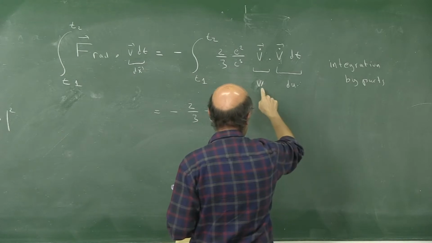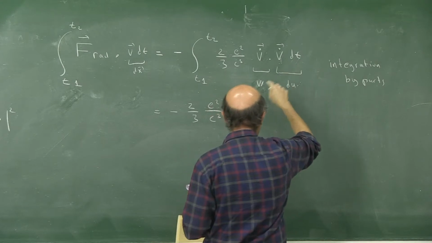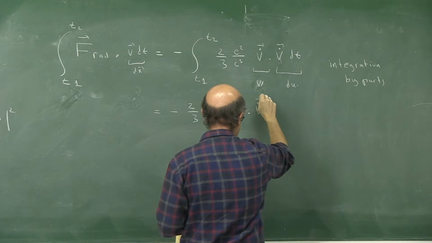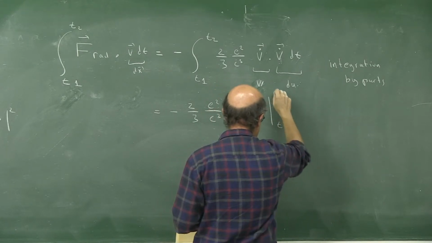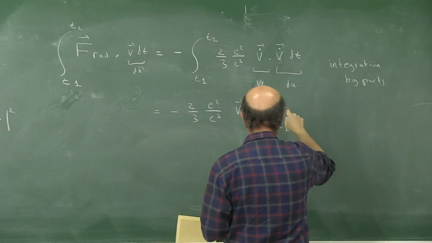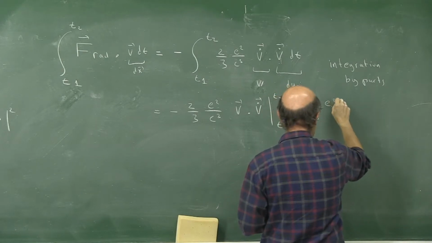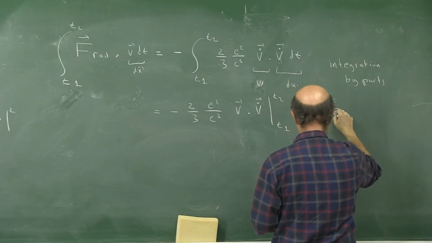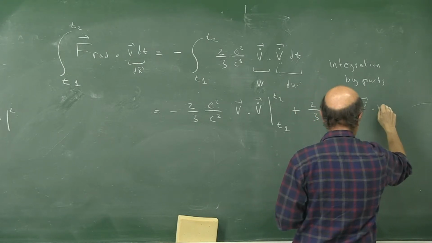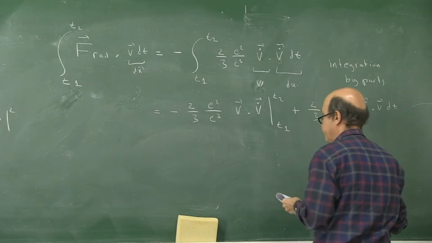The integral of v dot dt will be v, and we have v bar, that is v dot, from t1 to t2, minus, and multiplied with another minus, plus 2 over 3 e square over c cube, v double dot v integrated from time 1 to time 2.